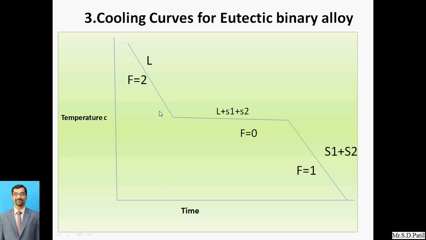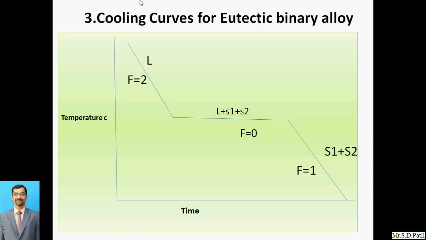Before starting this cooling curve, first try to understand the meaning of binary eutectic alloy. The binary eutectic is a homogeneous mixture of two solids. Basically, an alloy is a mixture of two compositions which have the same phase.